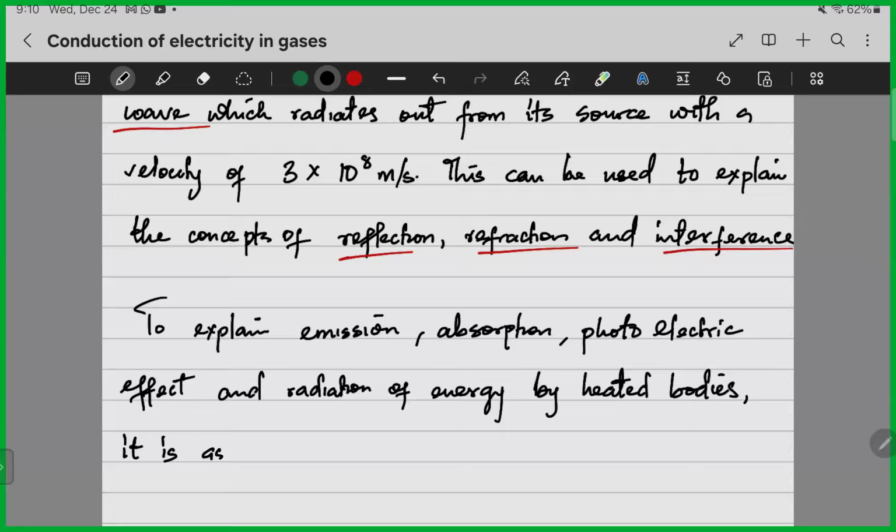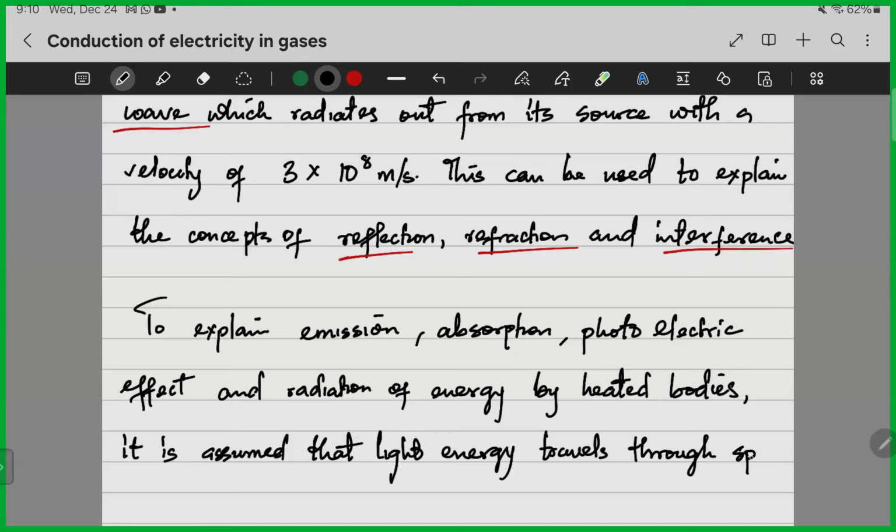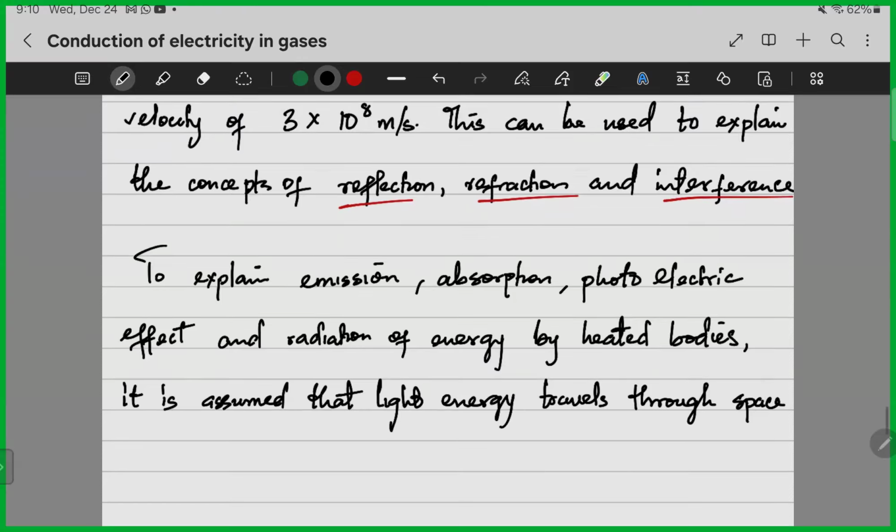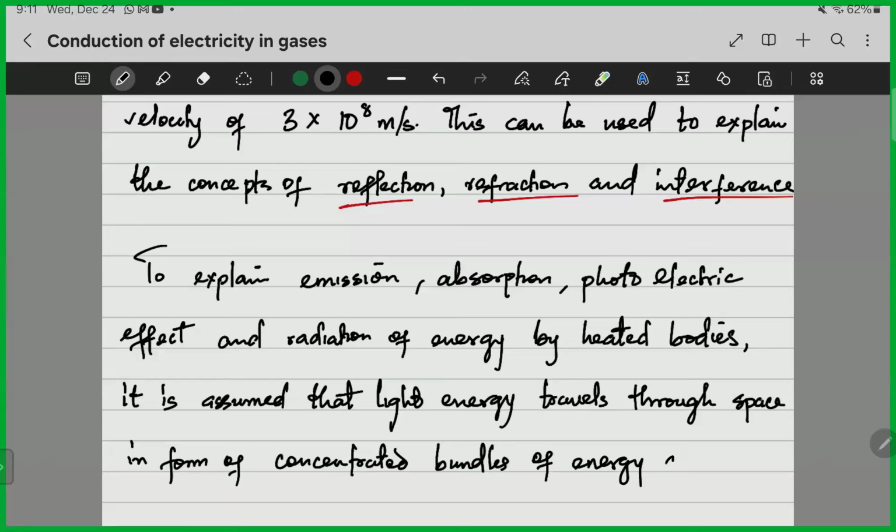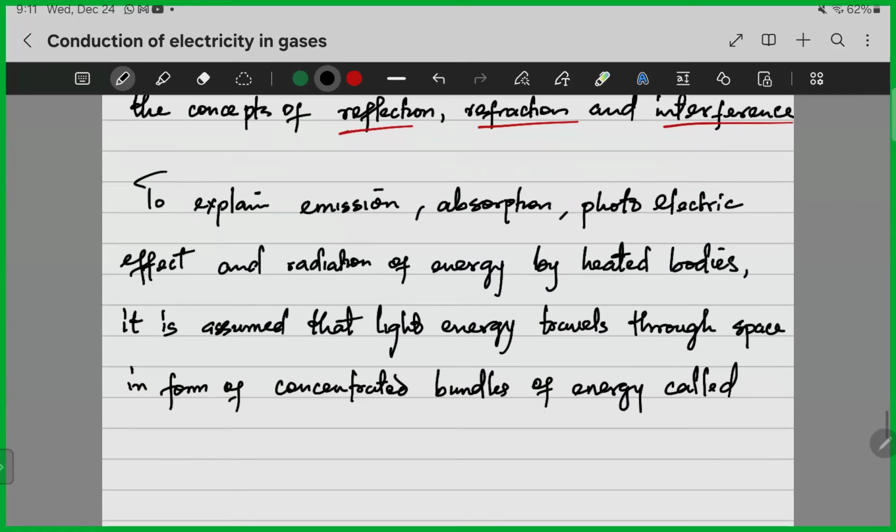that light energy travels through space in form of concentrated bundles of energy called photons.